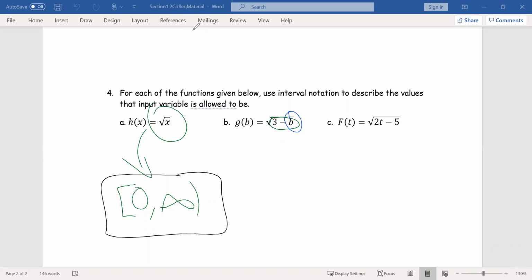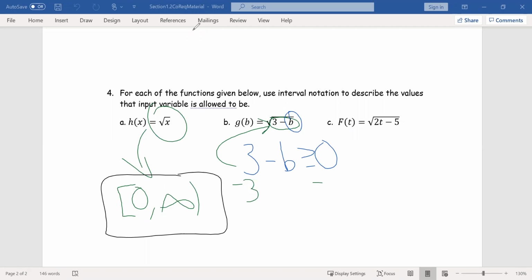So to find the values that b can be, we're going to set up an inequality: 3 minus b is greater than or equal to 0. The reason for that is this expression, 3 minus b, is under the root, so it has to be 0 or bigger. We can solve this.